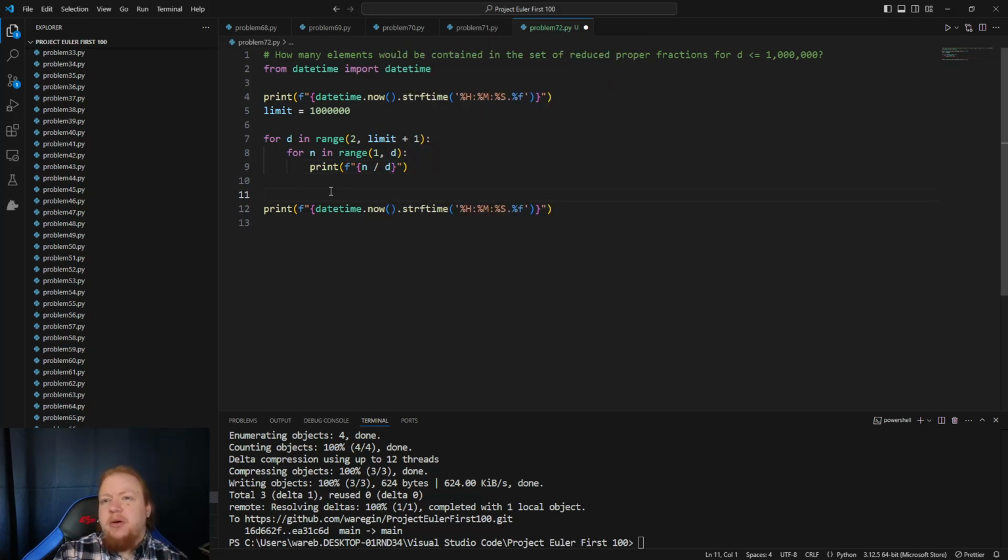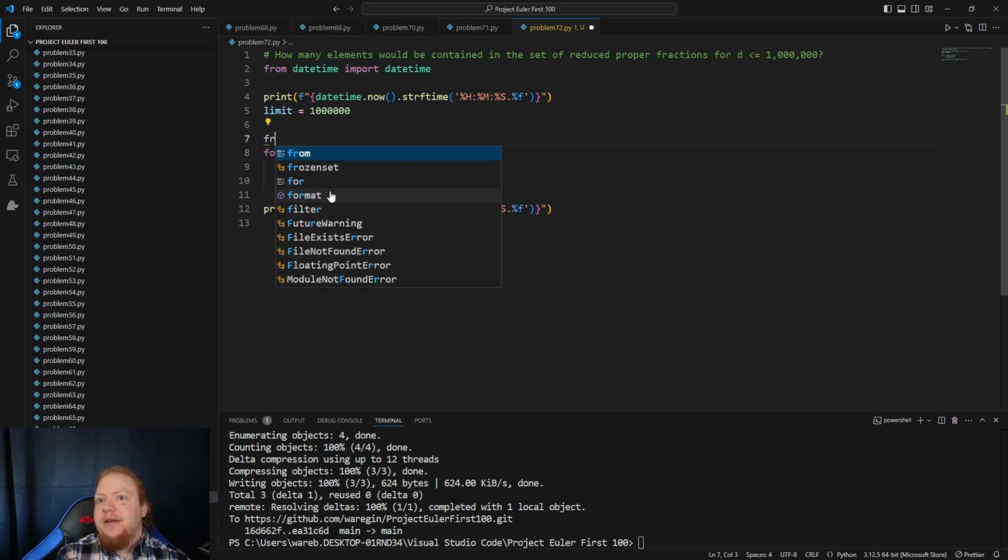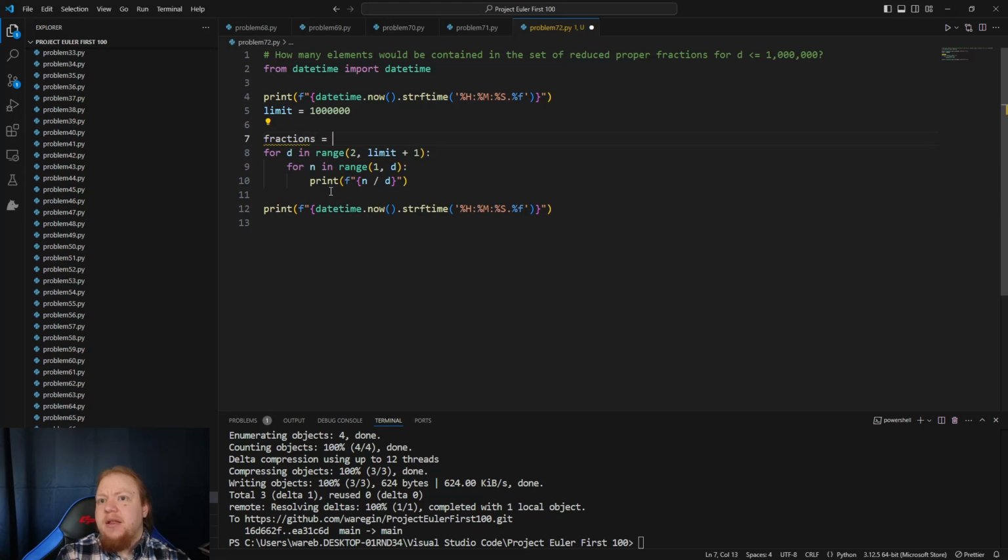Obviously I don't actually want to do that, I'm just keeping that. And then I'm just going to make a fractions dictionary. And here's why: if you make a dictionary, all of the keys have to be unique.